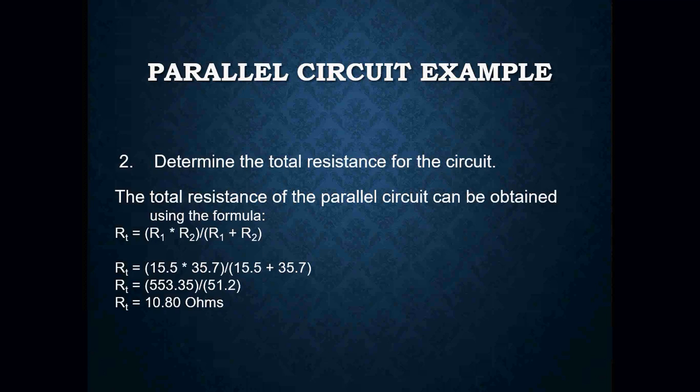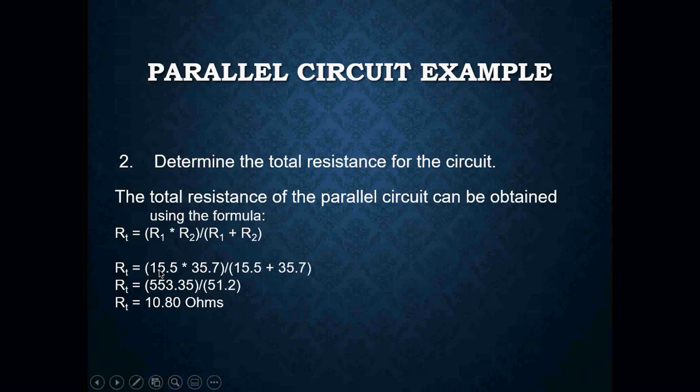If we want to determine the total resistance for that parallel circuit, remember we have two loads in parallel, so we are going to take 15.5 times 35.7 divided by 15.5 plus 35.7.